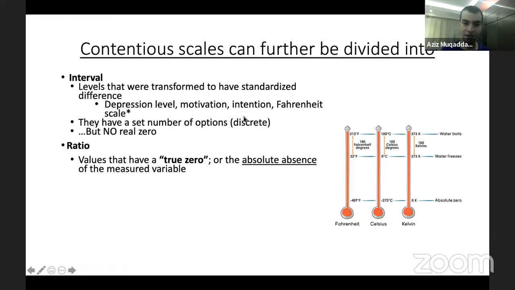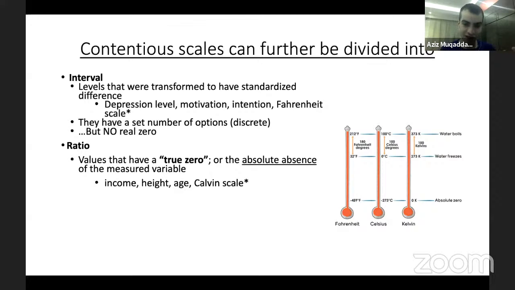On the other hand, a ratio scale has values that have a true zero. A true zero means the absolute absence of the measured variable. With examples, things will become clear. Things like income: can you have zero income? The answer is yes.